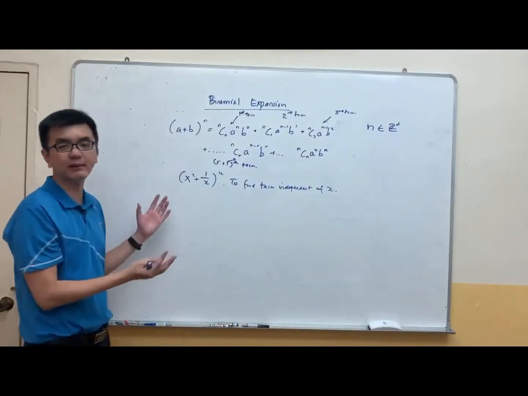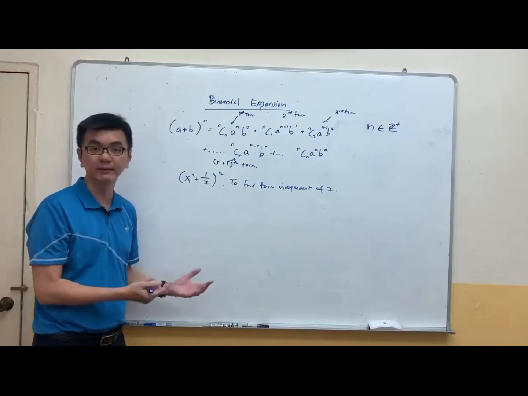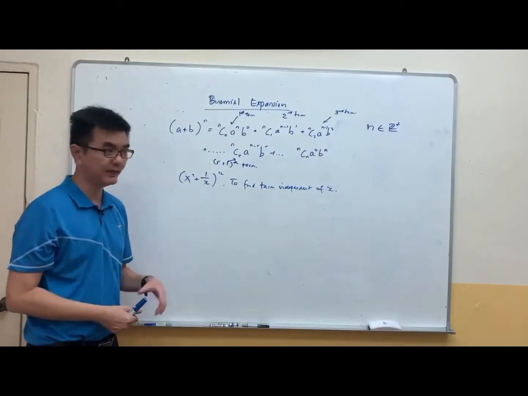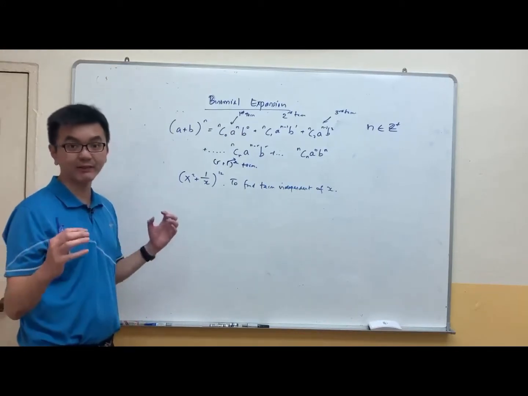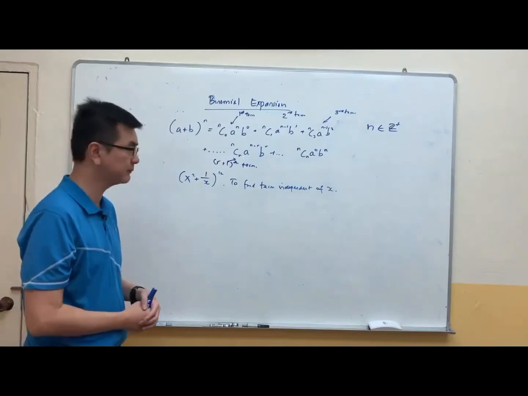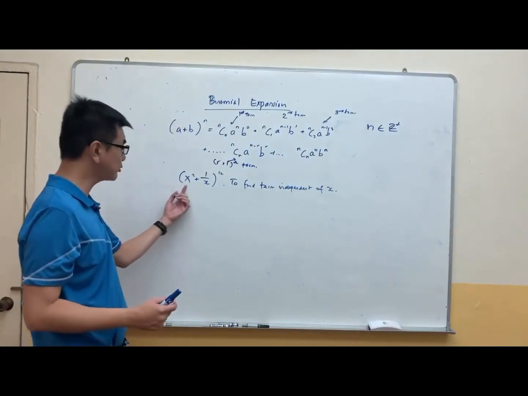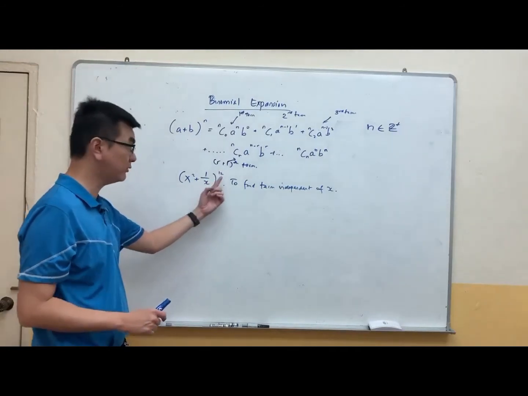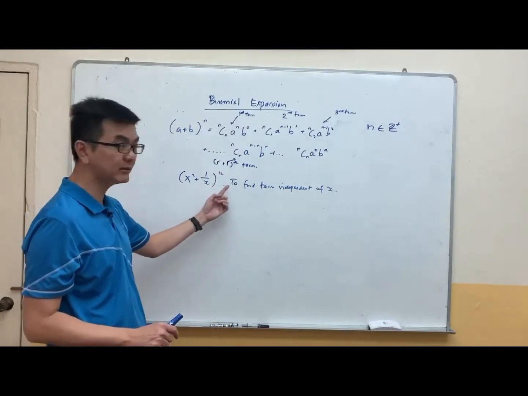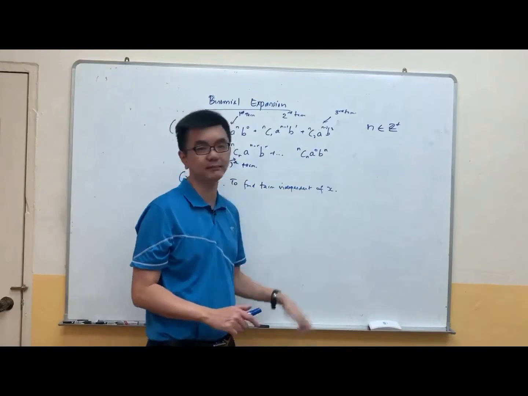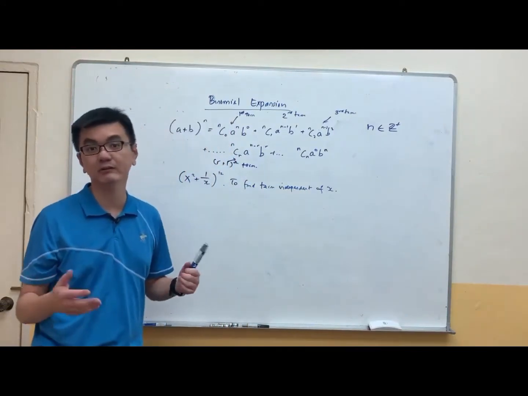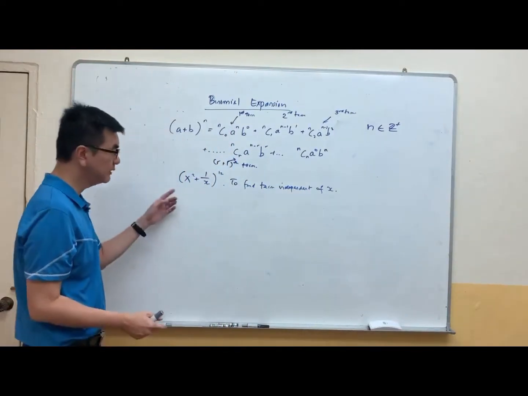Let's see how we can make use of the r plus 1 term formula to find a particular term in an expansion without doing the full expansion. Take a look at this example, where I have (x squared plus 1 over x) to the power of 12, and I want to find the term that is independent of x, meaning the constant.